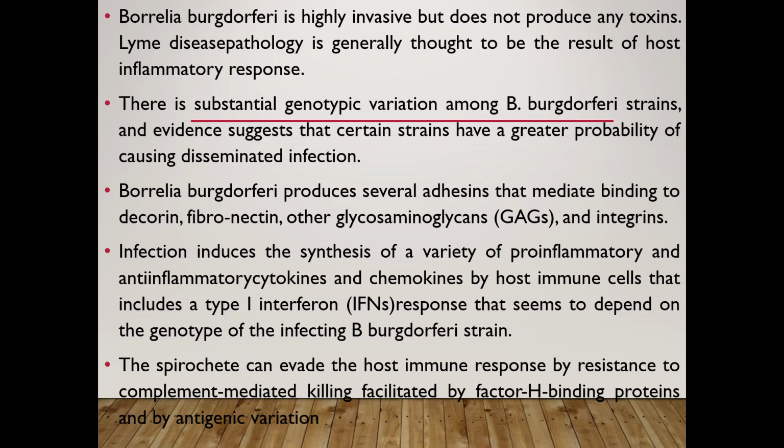That includes a type 1 interferon response that seems to depend on the genotype of the infecting Borrelia burgdorferi strain. The spirochetes can evade the host immune response by resisting complement-mediated killing, facilitated by factor H-binding proteins, and by antigenic variation.